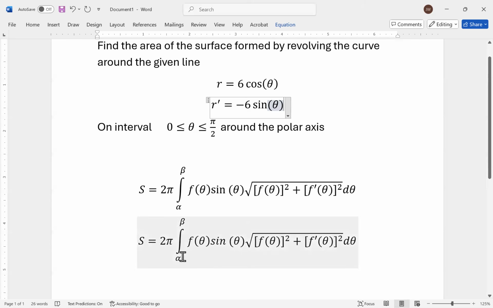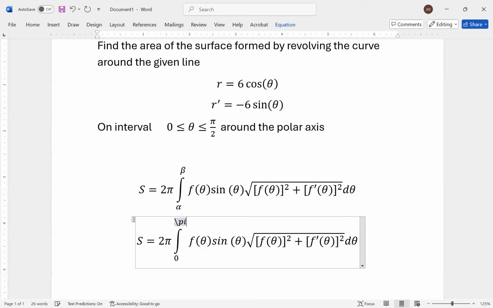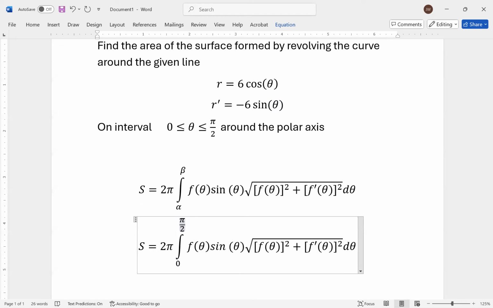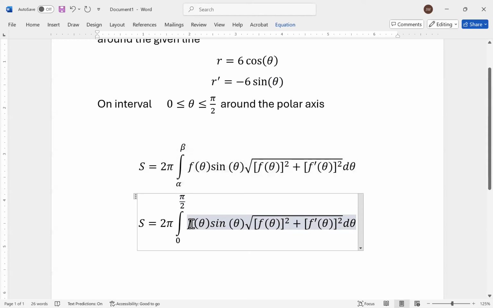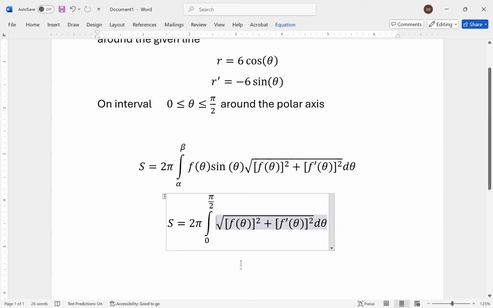Be careful when you plug things in. Alpha is clearly 0. Beta is clearly pi over 2. There's no worries about that. But oftentimes people will, instead of plugging in the actual function times sine of theta, just plug in the derivative instead of the actual function.